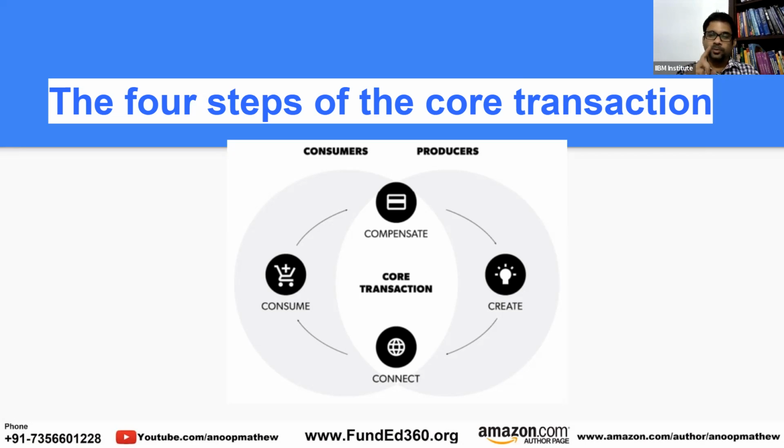And when he pays, the platform will take the payment, and that payment will be returned to the creator or the producer. So these 4 things should take place on a platform, or any platform should have the facility to do so. So platform business is basically a facilitator business.